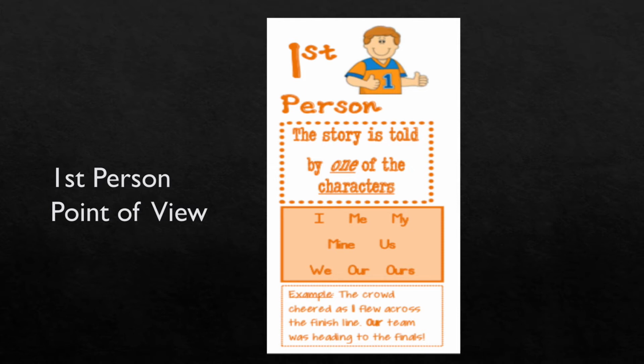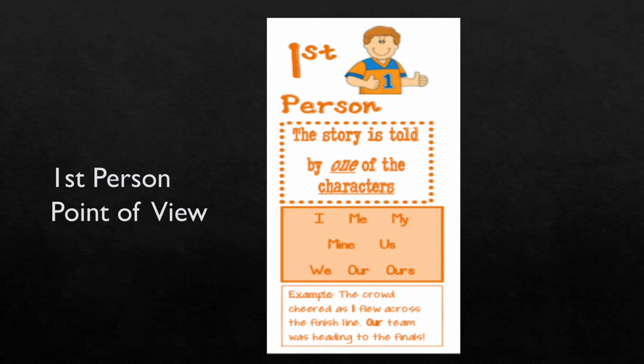Some of the keywords to focus on when trying to determine if it's first person point of view are the words I, me, my, mine, us, we, our, or ours. These are just some of the keywords to focus on to tell whether or not this story is being told in a first person point of view.